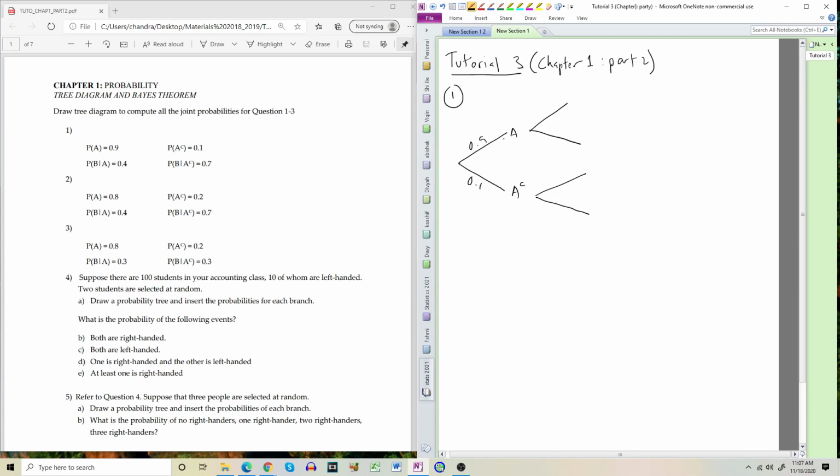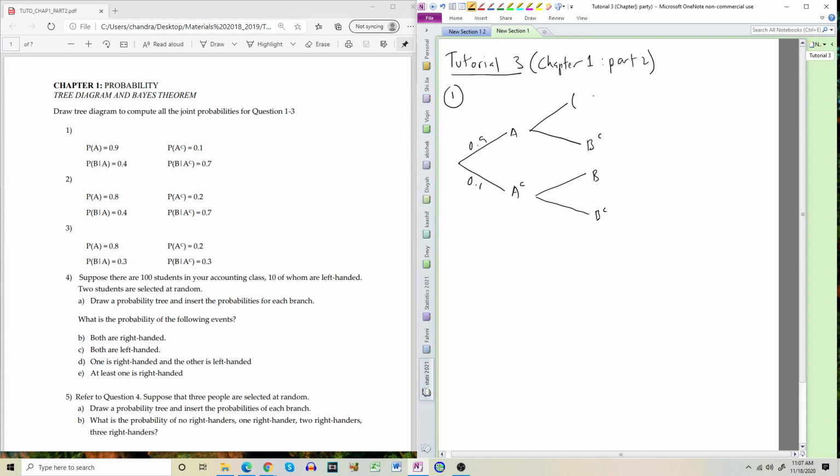Normally what we do, before this class, is write A and A complement, and straight away write B and B complement on each branch. But there's another way of writing the same thing, with the same probability.